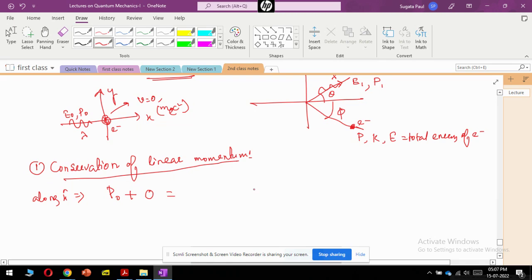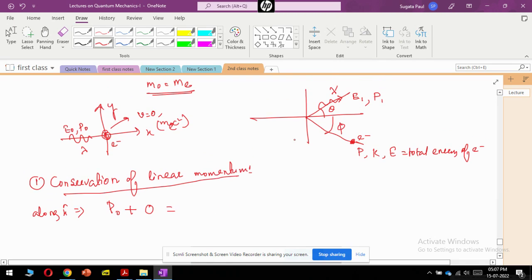After collision, along the x direction, the photon has momentum p1, whose x component is p1 cos theta, and the electron has momentum p, whose x component is p cos phi. To satisfy conservation of linear momentum along the x-axis, the momentum before and after collision should be equal: p naught equals p1 cos theta plus p cos phi.